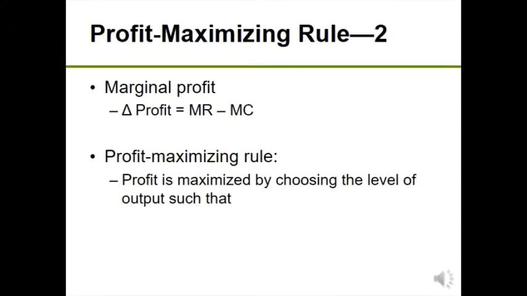And from there, we can derive our profit maximizing rule, where profit is maximized by choosing the level of output such that marginal revenue is equal to marginal cost.